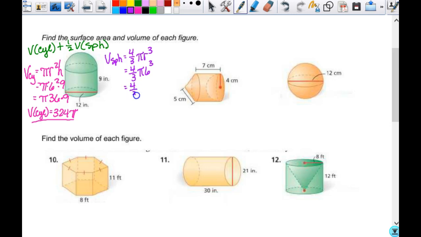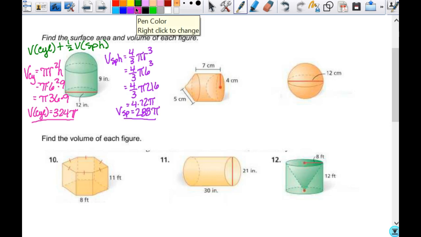So 4/3 times pi times 216. So I can take 216 and divide that by 3. That's going to give me 72. So this is really 4 times 72 times pi. So I can double that and double it again, and I get 288. So the volume of the sphere is 288 pi.